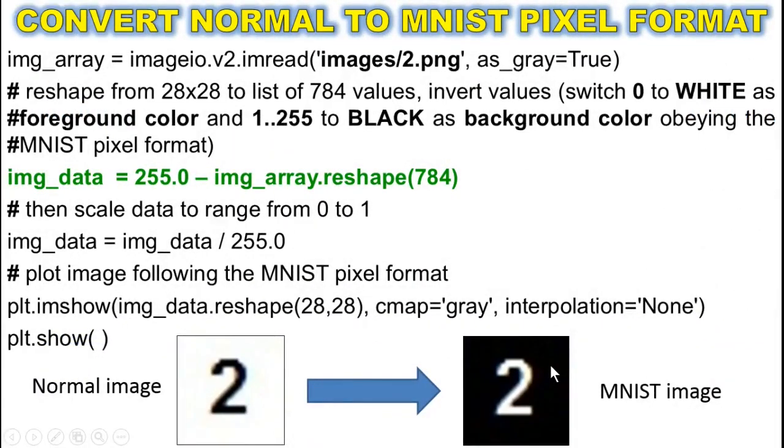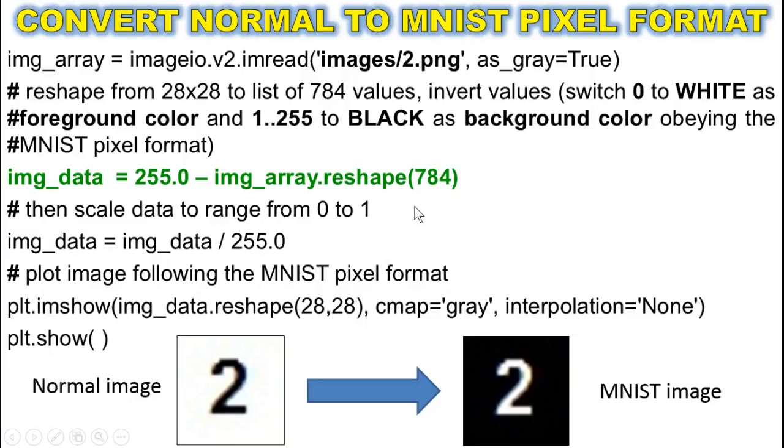The following code written in Python will convert a normal image having white as background and black as foreground color into an MNIST image.